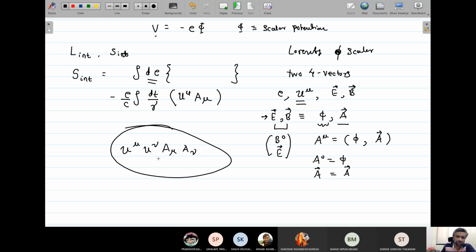If I allow this term, then why not this? All these are plausible terms as far as Lorentz invariance is concerned.